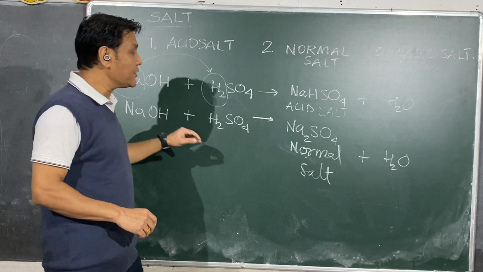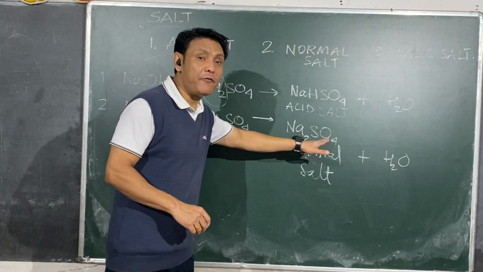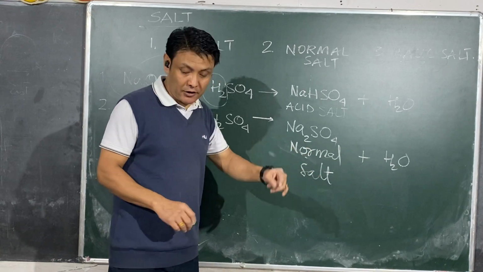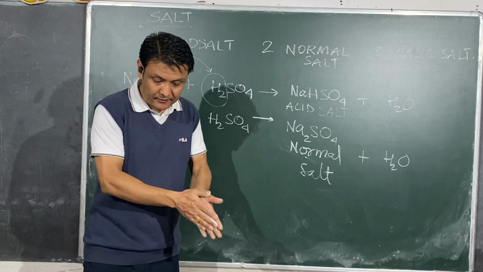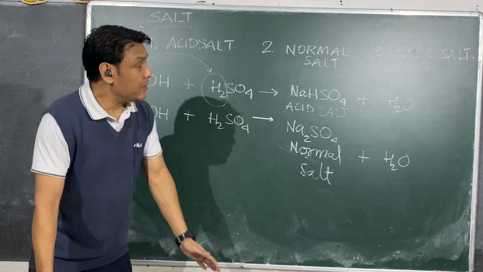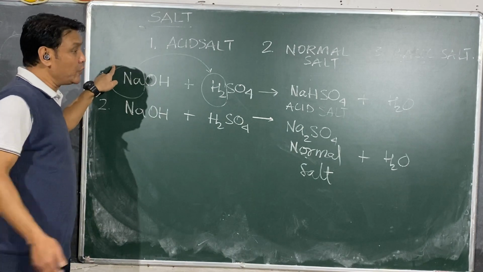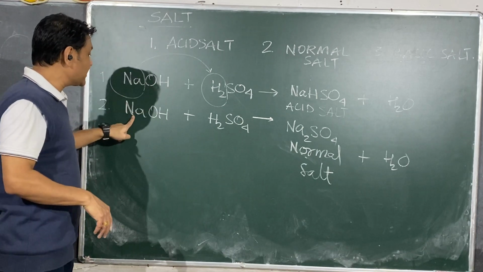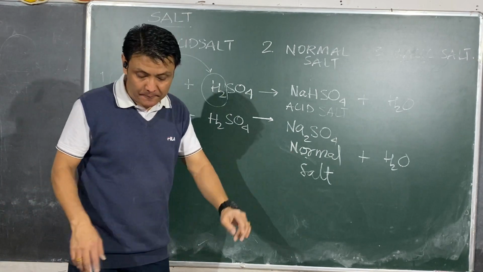In this case it is sodium. So Na2, there is no hydrogen in between. So therefore it is a normal salt. So incomplete neutralization takes place in this case to get an acid salt. In this case, complete neutralization takes place to get a normal salt.